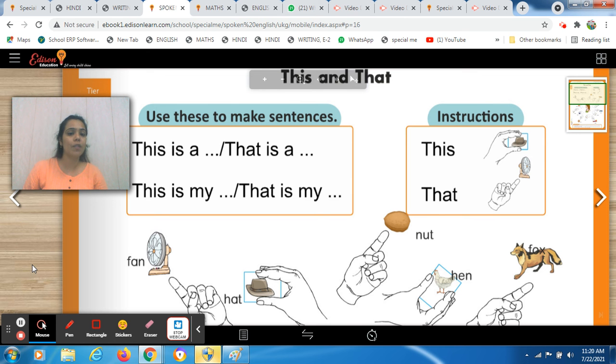And how will you form a sentence? Either you say this is a fan, this is a hat, right, that is a school, right, or you say this is my pencil, this is my hat, that is my bag. Okay, in this way you have to form the sentence.